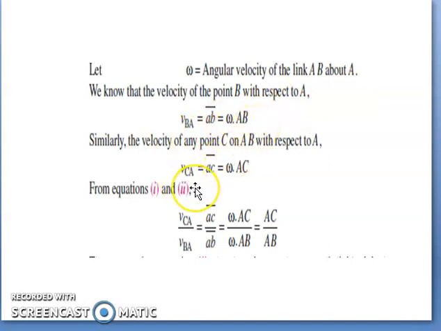If you have any point C, then the velocity of C with respect to A is equal to omega into AC. So if you find the ratio of VCA to VBA, it is equal to omega AC by omega AB. So omega will get cancelled, and it would be equal to AC by AB.